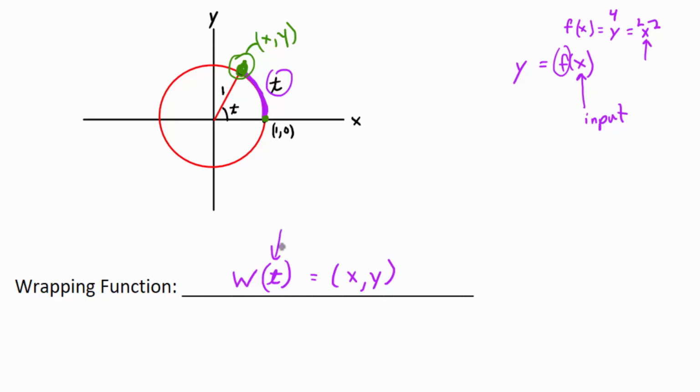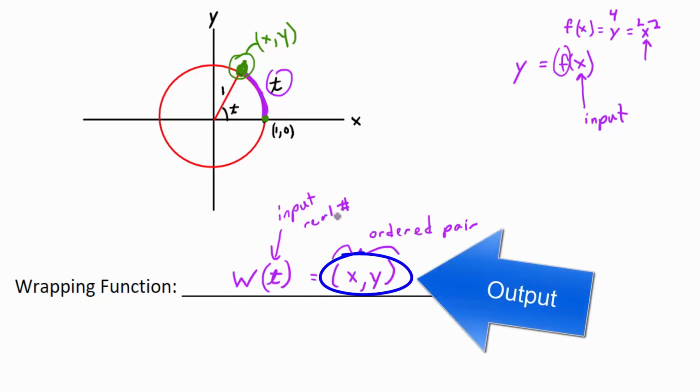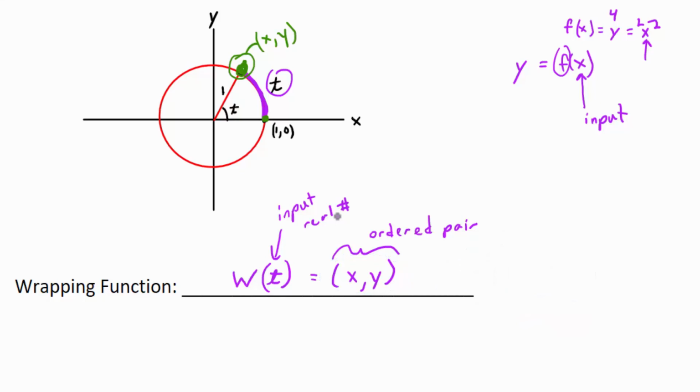It's a real number, but the output is an ordered pair. Input, real number. Output, ordered pair. I'll get to why we do this in a second, but okay, so what? It's different. Does it make sense?